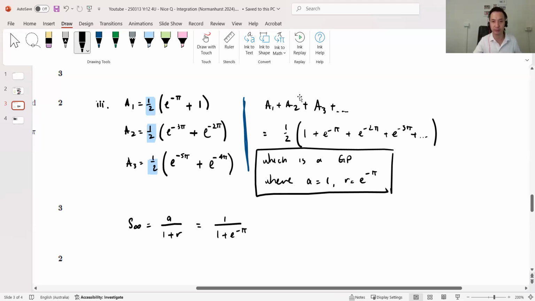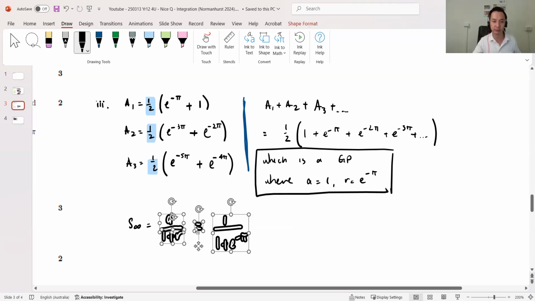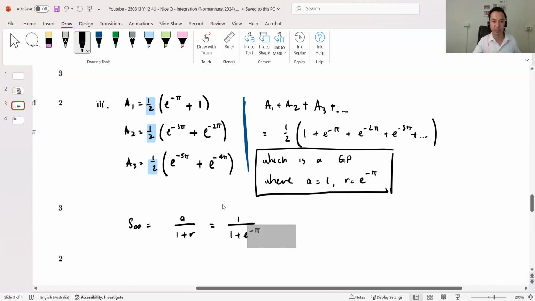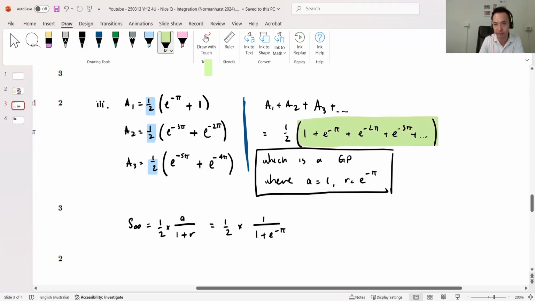So I should really go, oops, I just put a little half in front of all of these. So it's like a half multiplied by that, because the GP is just this bit, which is this bit and this bit. Yeah, cool. So then that becomes half.